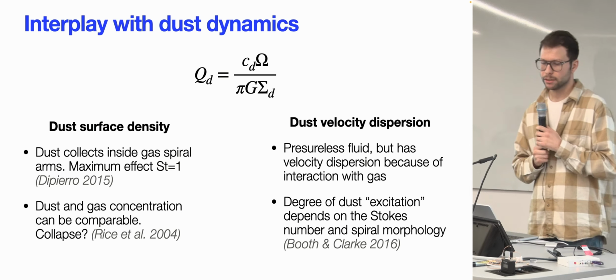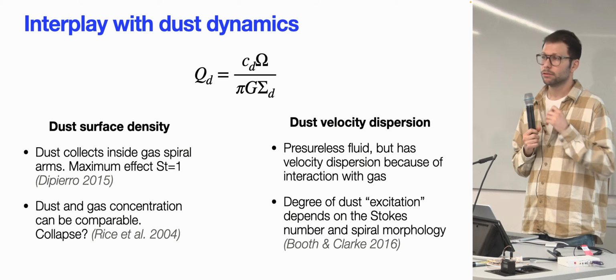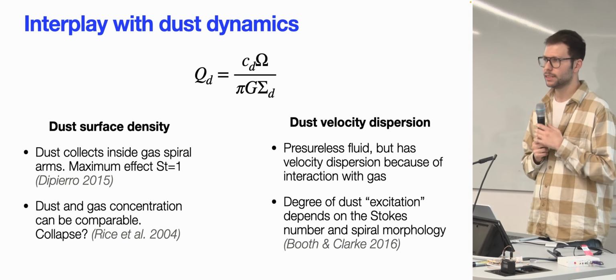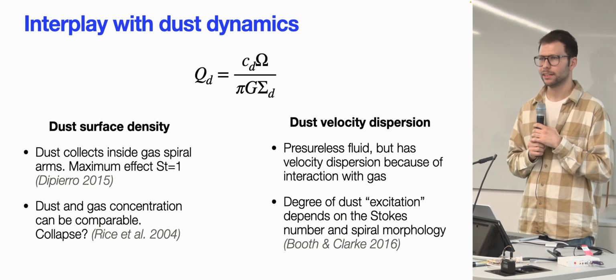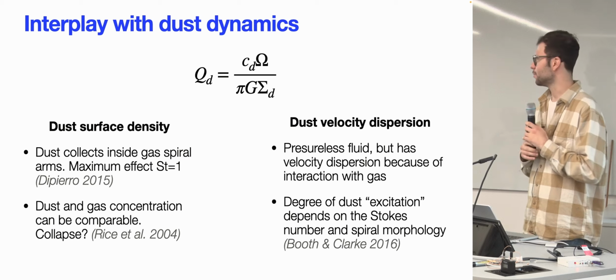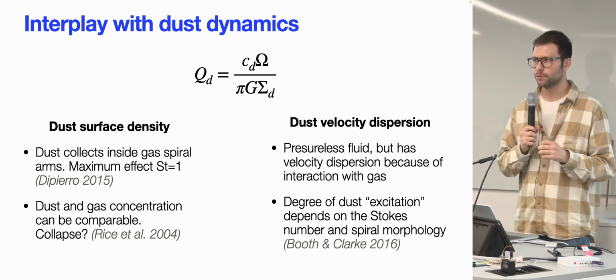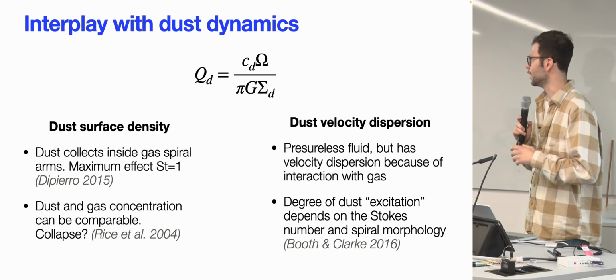What I'm interested in here is the interplay between dust dynamics and gravitational instability. So in principle, if one wants to study gravitational instability in a multi-fluid system, it's very painful because one needs to study the fluid equations of a coupled system. So we did a bit of analytical work about this in 2023, but I don't want to bother you with analytical calculations.